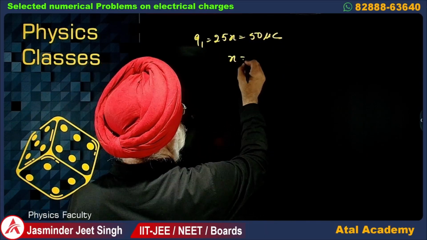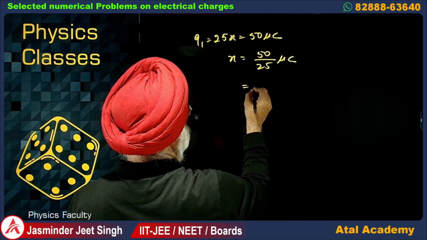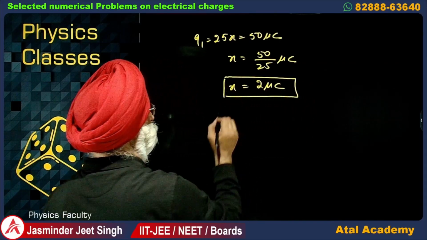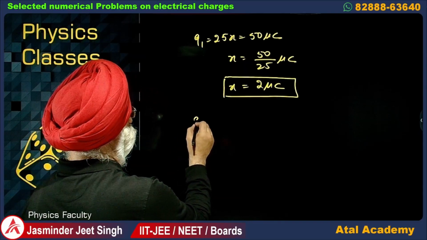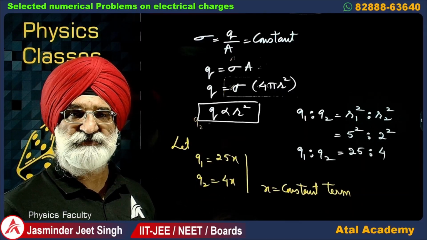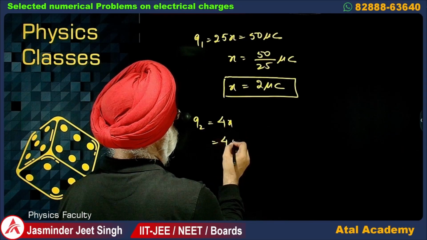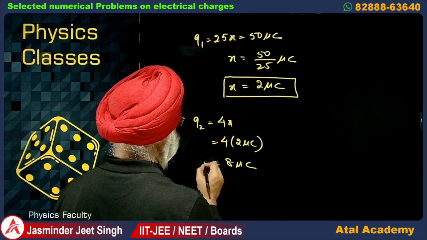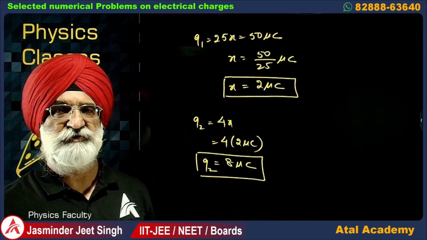From here x will be 50 upon 25 microcoulomb, or it will be 2 microcoulomb. Now if x is 2 microcoulomb, Q2 is 4x. So we can put the value for Q2, 4 into 2 microcoulomb, it will be 8 microcoulomb. That is, the charge on sphere 2 should be 8 microcoulomb.